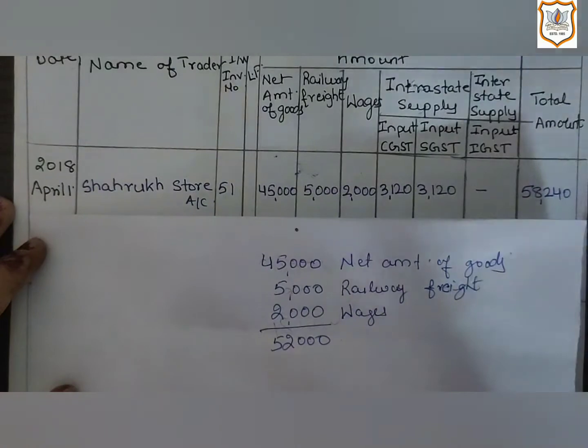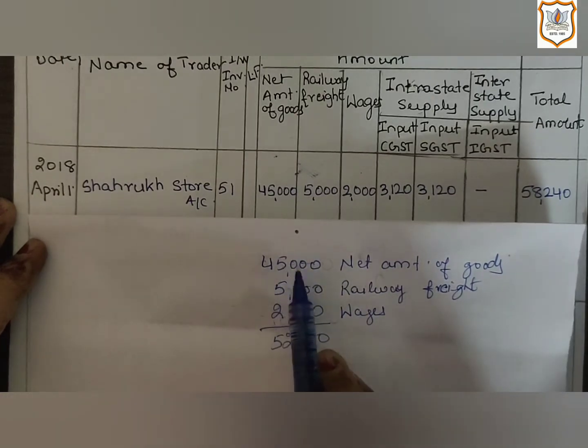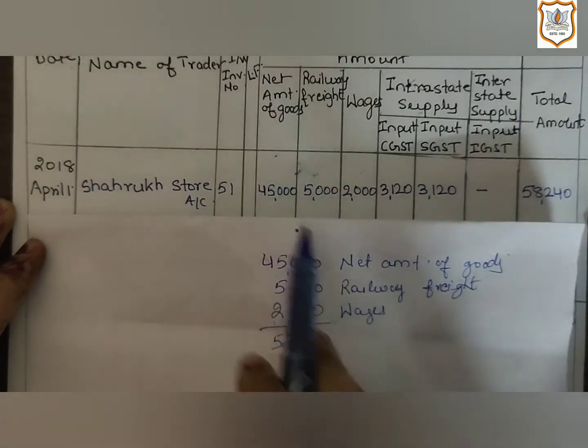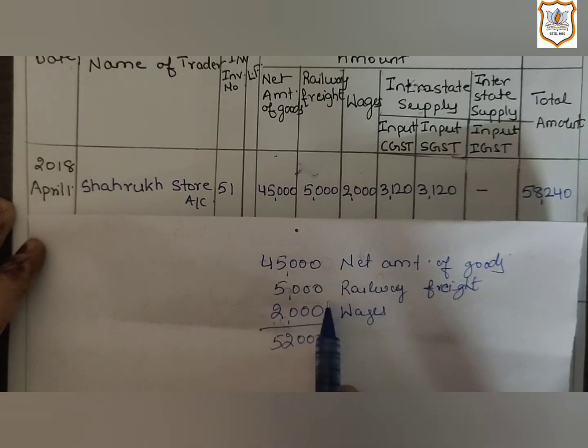Now let us see the calculation for GST. Here we will calculate CGST and SGST on 52,000, which is arrived at by adding 45,000, that is the net amount of goods, then railway freight, that is 5,000, then wages, that is 2,000. So our total amount which is payable is 52,000.